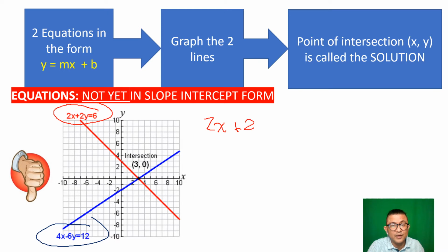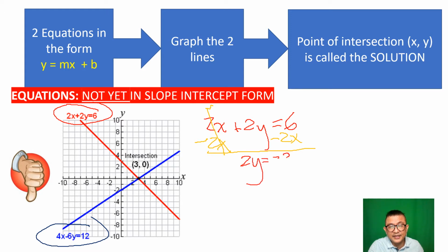2x plus 2y equals 6. To make it slope-intercept form, what do we do? I subtract 2x on both sides, minus 2x. That cancels out, so therefore 2y remains, and that becomes negative 2x plus 6.